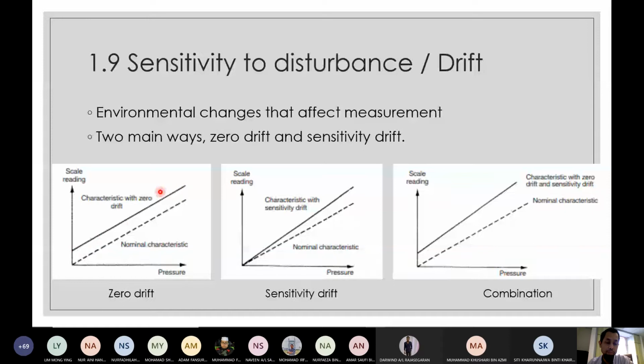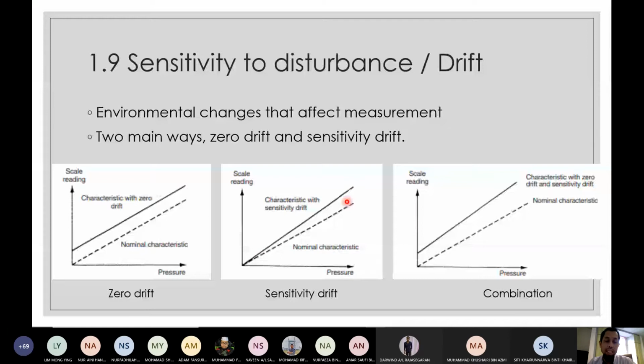The second condition is what we call sensitivity drift. Sometimes when you use cheap meters to measure certain quantities, the larger the value that you measure, the more it deviates from the actual value. When you measure a small value, the value will not be too far away from the true value. But as your measurement increases, the error starts to increase as well.